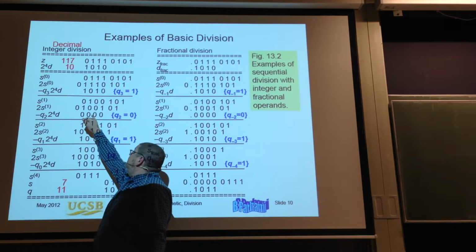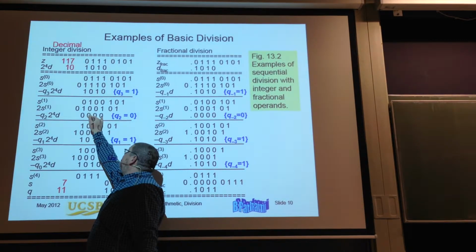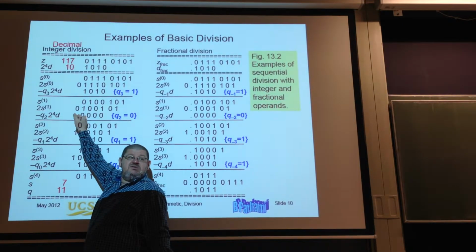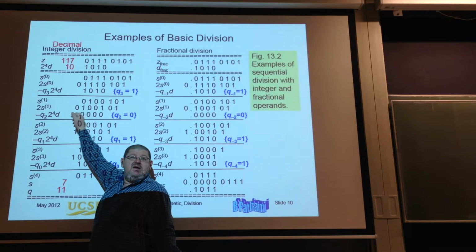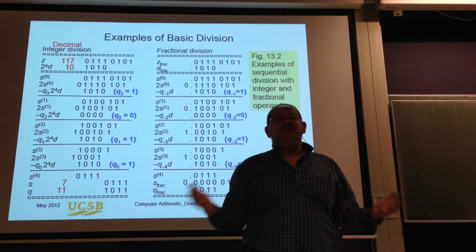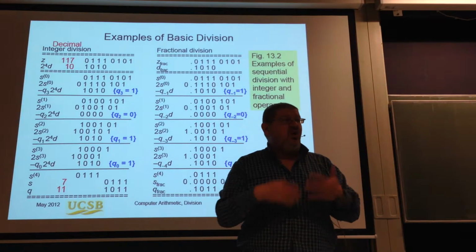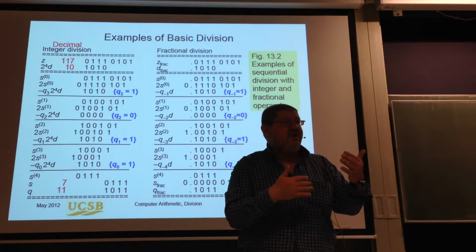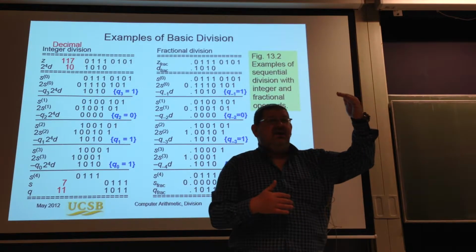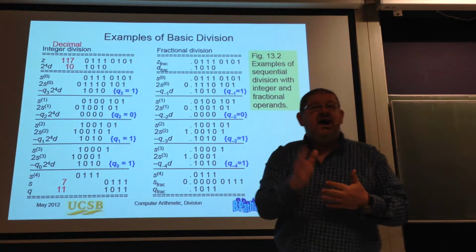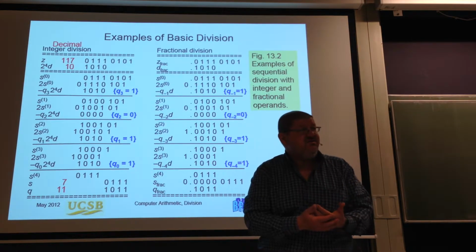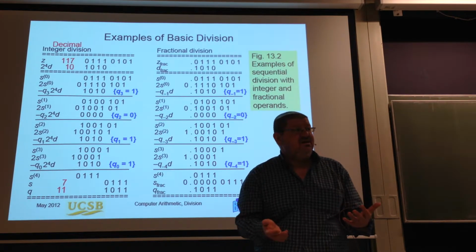If I subtract 1010 from this 1001, I'll get a negative number because this is larger than this. And if I get a negative remainder, it means that I'm infringing the rule. My rule is always to preserve the sign of the remainder the same as the sign of z. Then when I get a negative result, I am refraining myself. If I can subtract and still get a positive result, I stay in business.